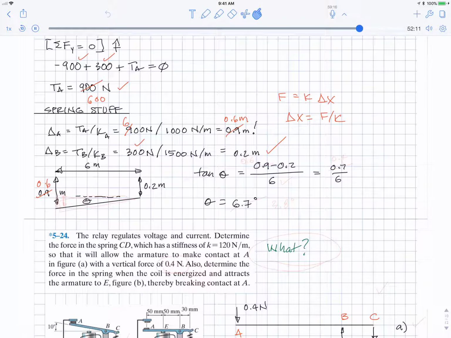The right side went down 0.2 meters. So the differential deflection, because we want to get the angle, is 0.6 minus 0.2, or 0.4, over 6. I'm just working with this triangle right here. The horizontal distance of that triangle was 6.